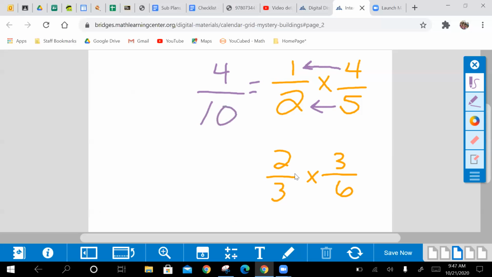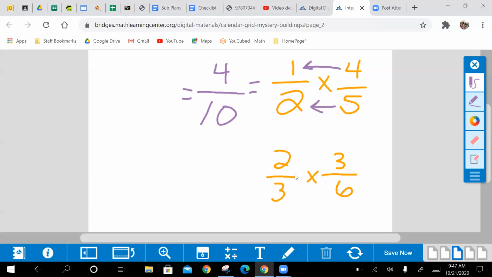So this is the first time in the set of problems that we have to reduce. And when somebody says to find your answer in lowest terms or reduce the fraction, all you have to do is figure out what both the top and bottom number will divide by, and you'll get a whole number answer.